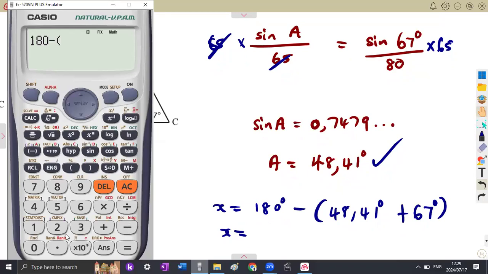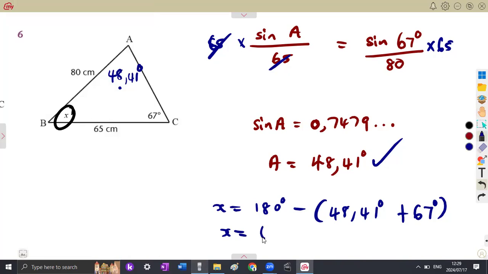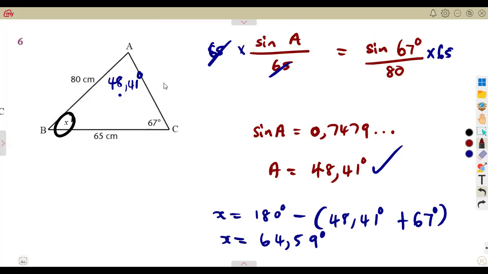Is it going to work or not? You must test that condition of the ambiguous state, whether it is going to be successful or not. So if this A is 48.41, therefore our X is going to be 64.59 degrees, as we saw that the other angle A was not going to work.